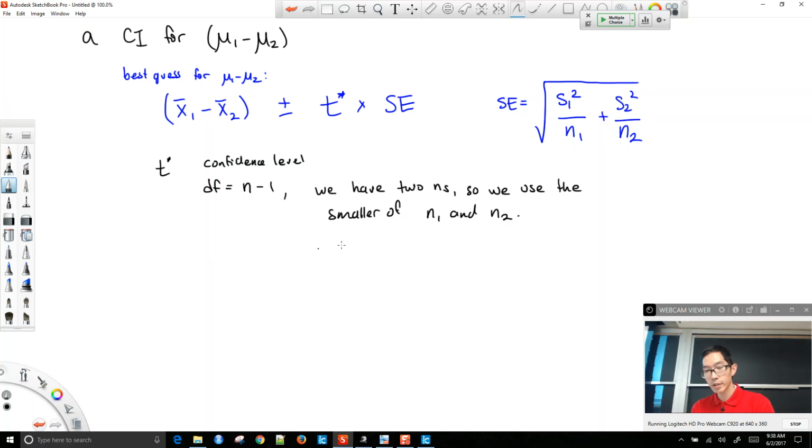Also, with picking your degrees of freedom, sometimes you won't find your exact degrees of freedom in the table. Just to be safe, we pick the smaller degrees of freedom. We always round down. If you can't find the exact degrees of freedom, always round down to be safe.